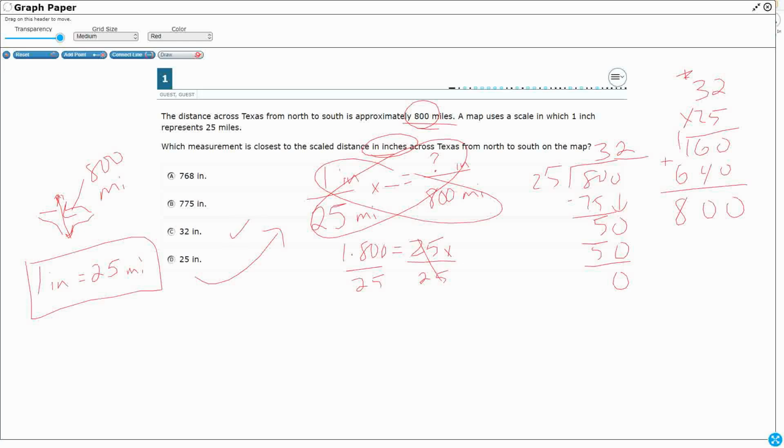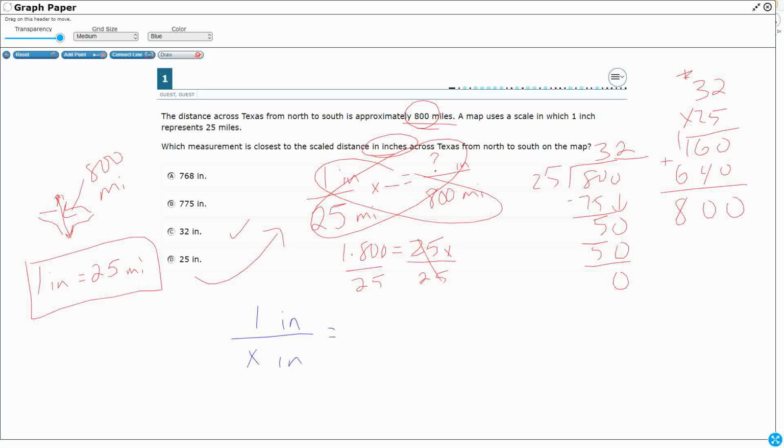Now, there's another way to set this up. You can also build a proportion so that your similar units are over each other. Okay? So what I could do is say my 1 inch is over my unknown inches, right?